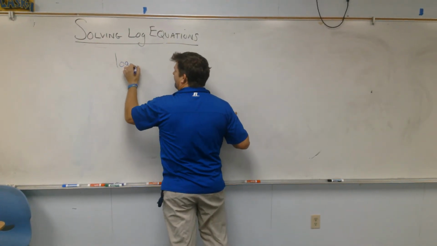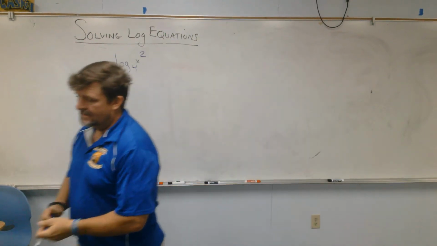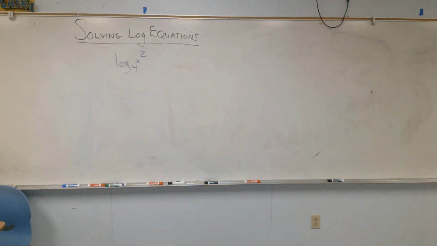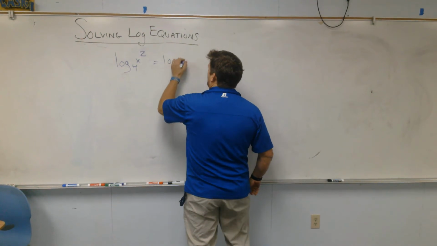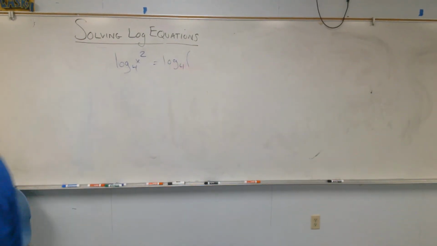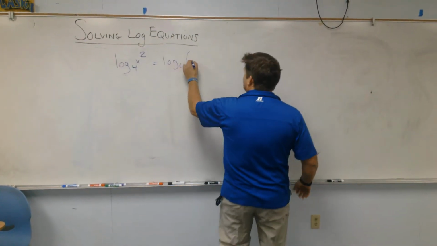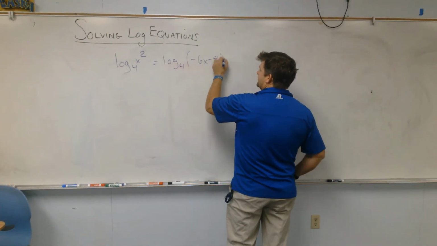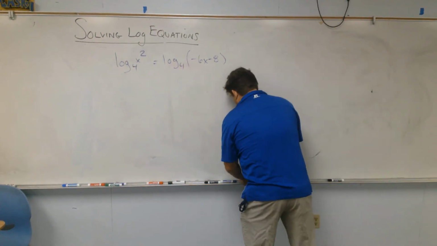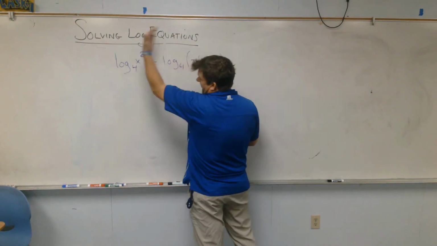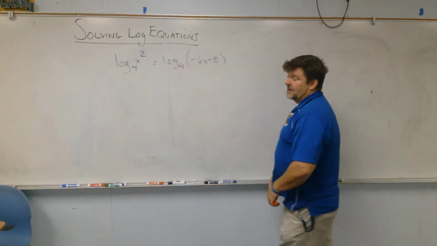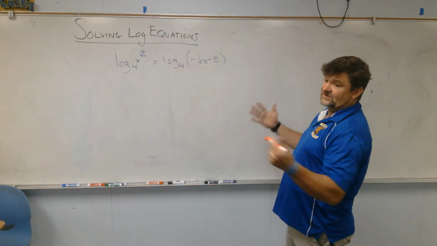Log 4 of x squared equals log 4 of negative 6x minus 8. So, all right, now you're like, what the heck's going on? I got a log on this side, I got a log on this side, I got an x squared here. Okay, so there's something called the one-to-one rule pretty much across the board.